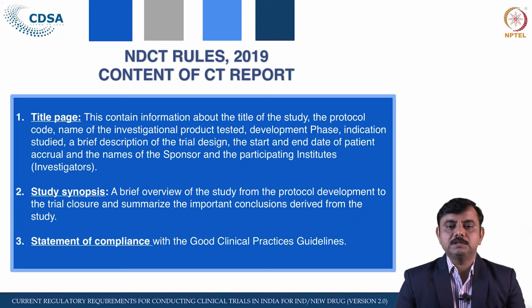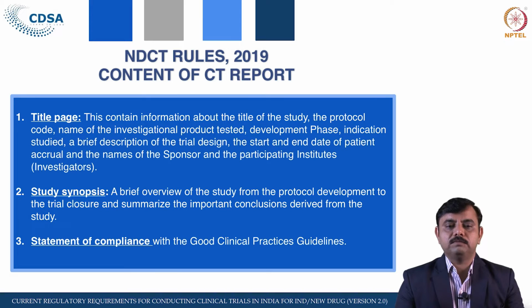Then the study synopsis should be brief, 1 to 2 pages, giving an overview of the study from protocol development to trial closure, and it should summarize the important conclusions derived from the study. Then a statement of compliance is required, stating that the study performed by the sponsor and investigator was as per good clinical practice guidelines and norms.